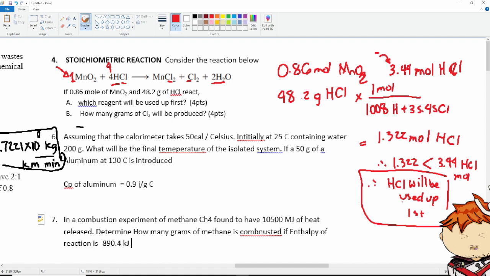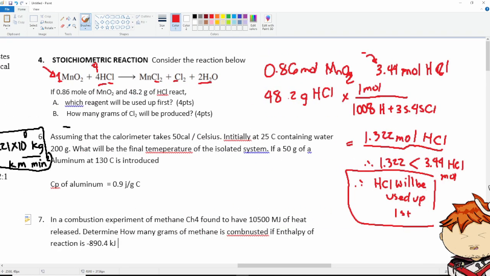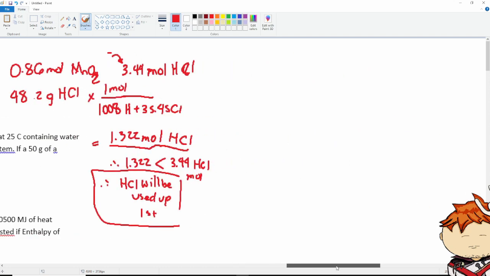So if the reaction takes place and there's only 1.322 molecules of HCl, for every 4 molecules of HCl we have 1 molecule of Cl2.